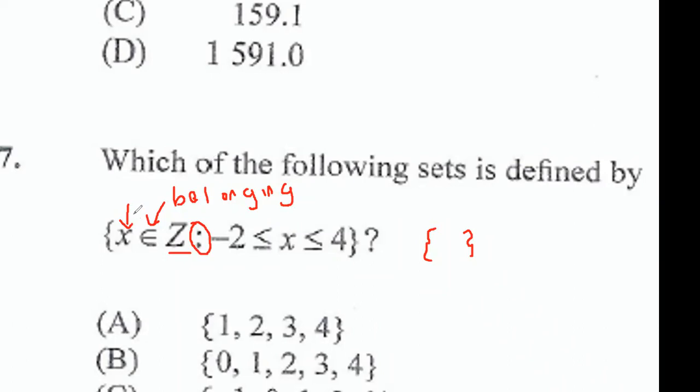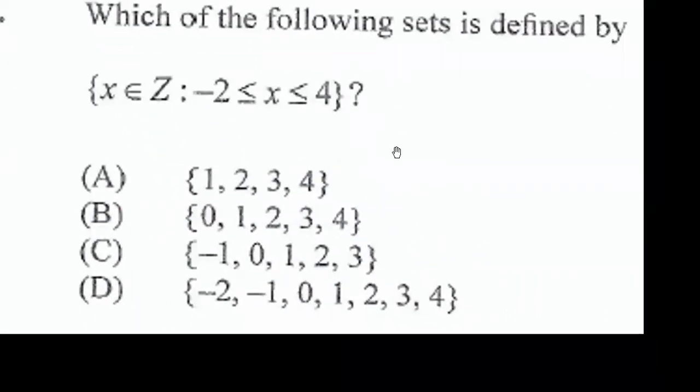Set of all x's belonging to the set of integers such that x is less than or equal to 4 and greater than or equal to -2. In other words, x is between 4 and -2 inclusive. You understand that? So based on that, which is the correct answer? Hey Susan, I think you had the correct answer. It's going to be D.